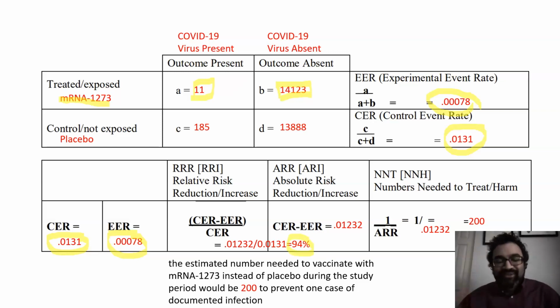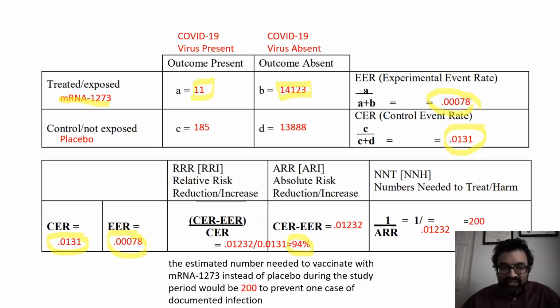And for those of you that were following the efficacy percentage, does that percentage seem familiar? If so, it should, because that was the efficacy rate. That was something that the public knew.